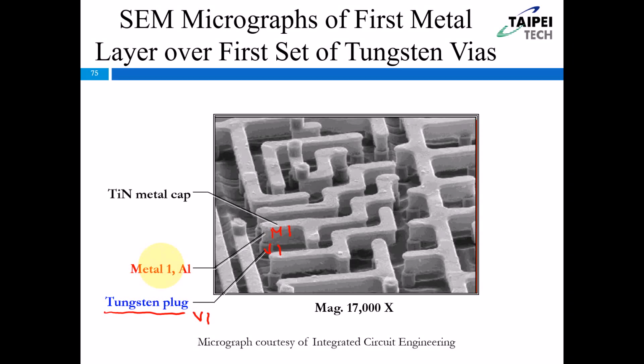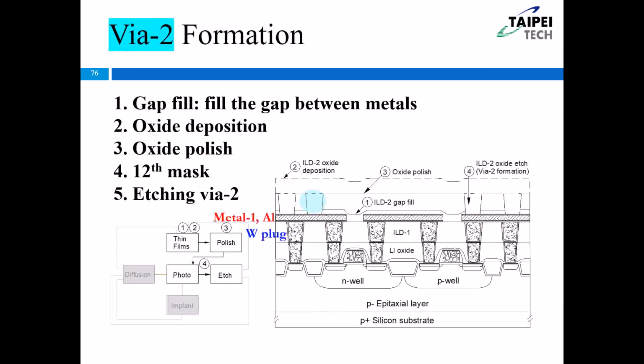So right now, after we fabricate the metal 1, how about the next layer? The next layer will be the via 2, right? So for the following page, we need to fabricate the VR2, but the process is just the same, just repeated again and again, okay?